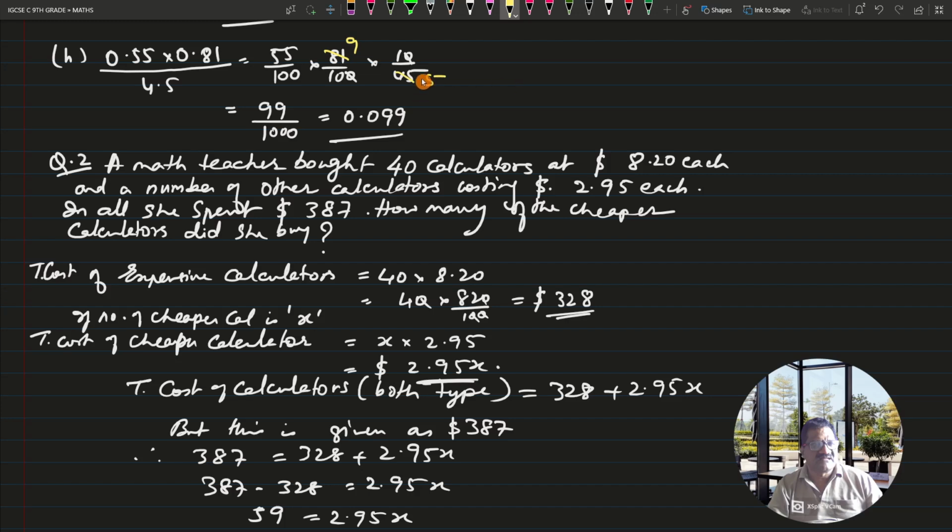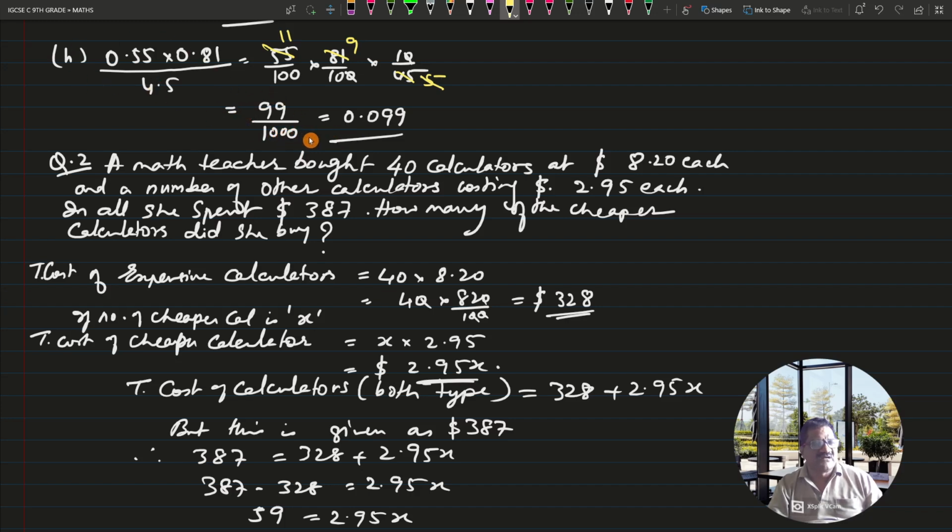And 5 into 11 is 55. Now you get 9 into 11, that is 99, divided by how many zeros are there in the bottom? 1, 2, and 3, so 1000. So this works out to 99 upon 1000. This is our answer in fraction form.